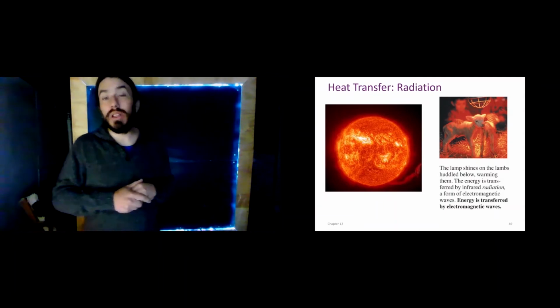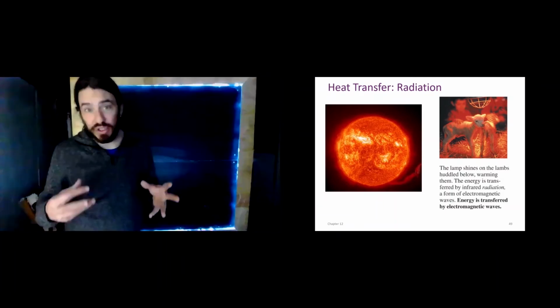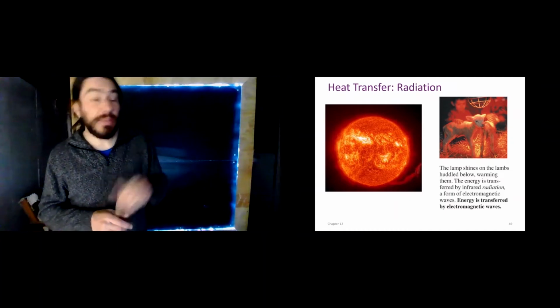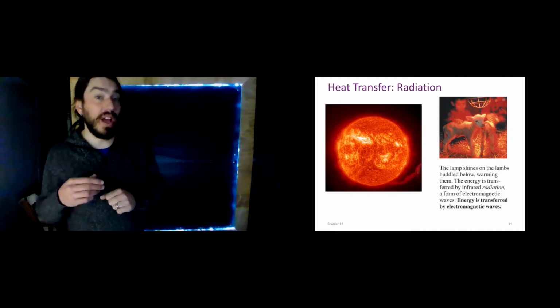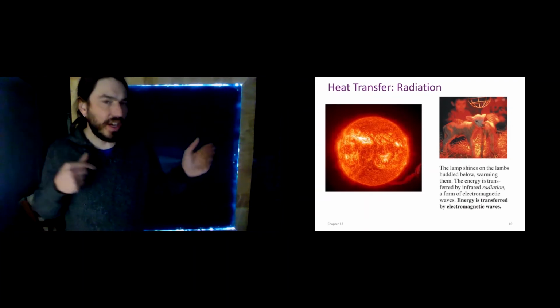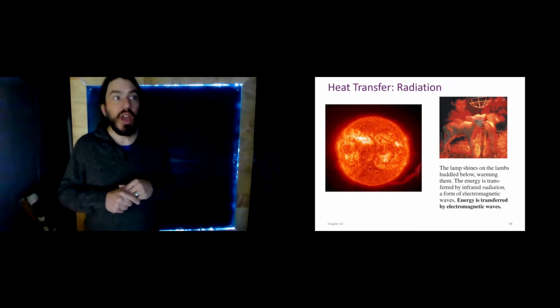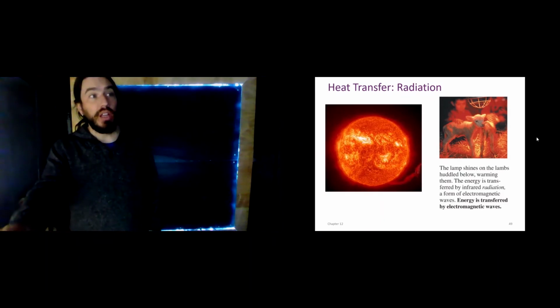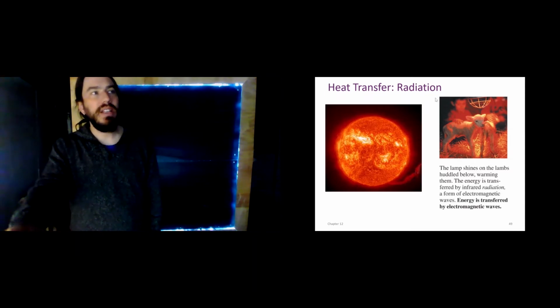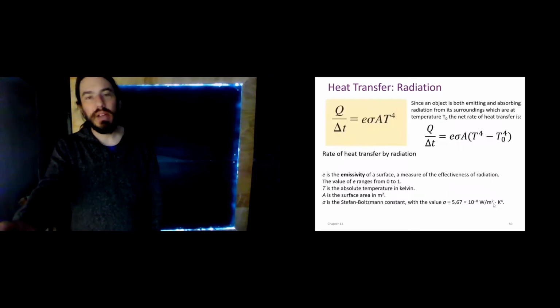We usually use the word light to indicate the visible spectrum of electromagnetic radiation, something we'll talk a lot more about next semester. There are wavelengths of light that we can't see that are still electromagnetic radiation, which can still carry heat. So, this little lamb right here is under a heat lamp enjoying some heat transfer by radiation. So, energy transferred by electromagnetic waves is radiation.